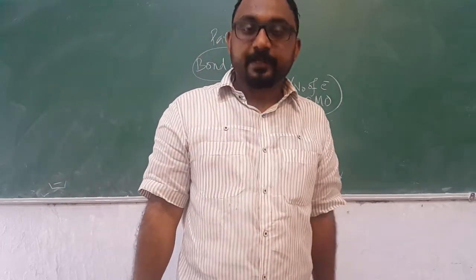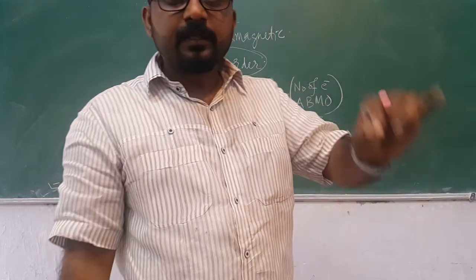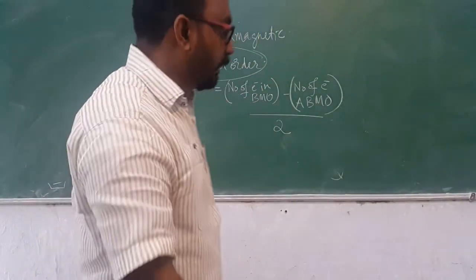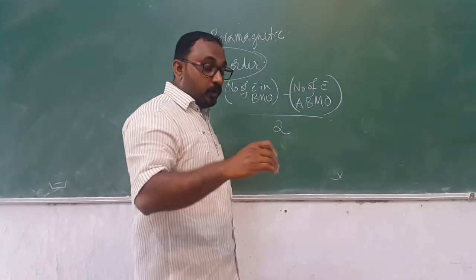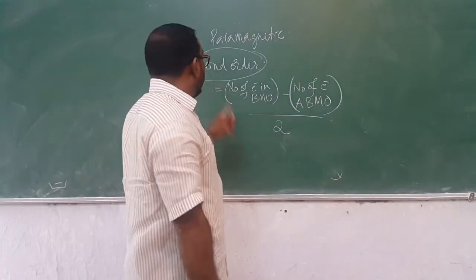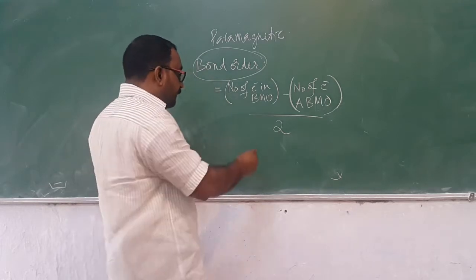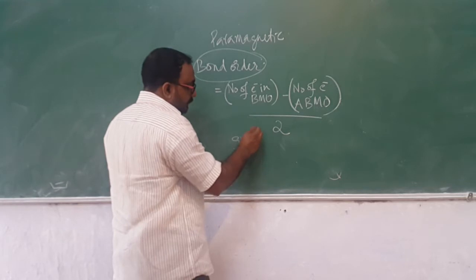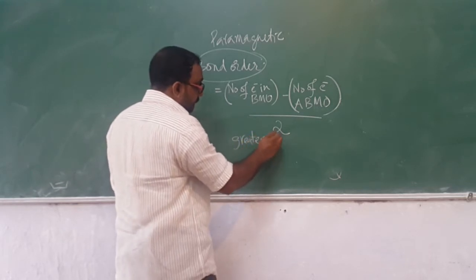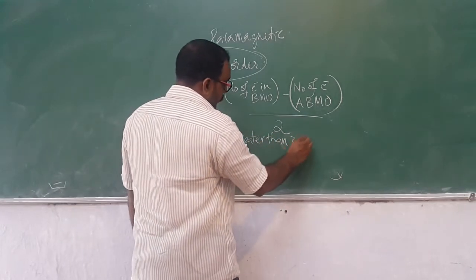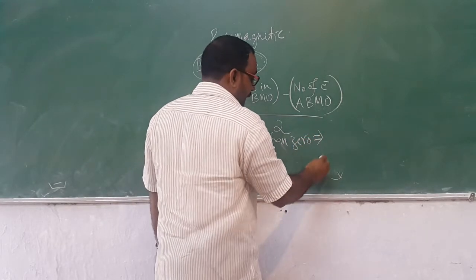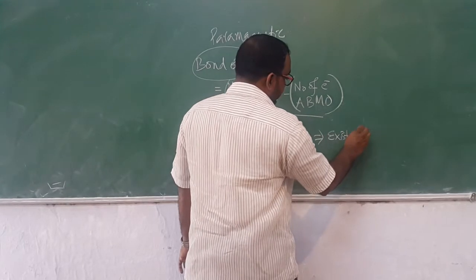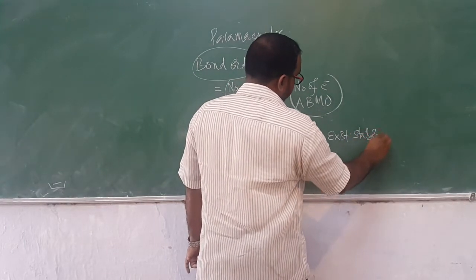This is a very important point of molecular orbital theory. You have to find out the bond order. If bond order is greater than 0, the molecule exists or it is stable.